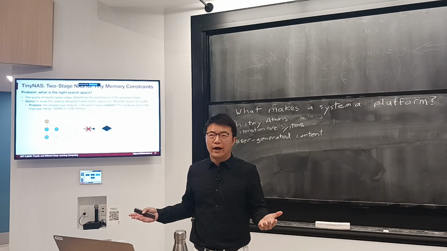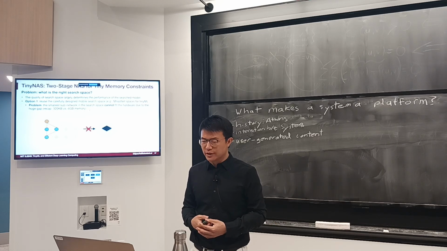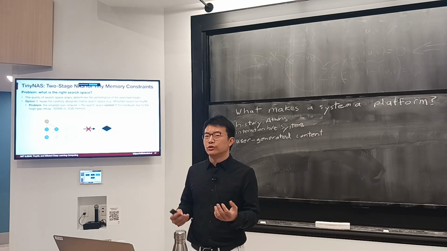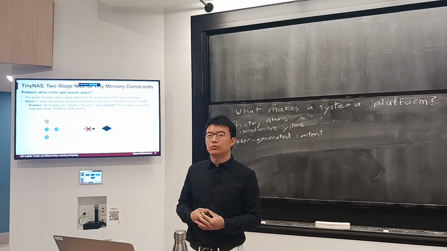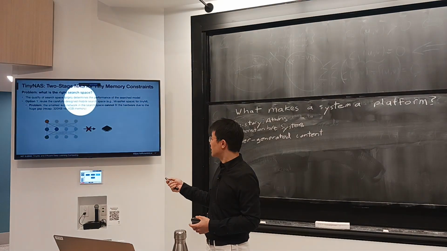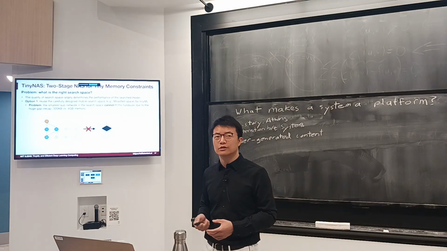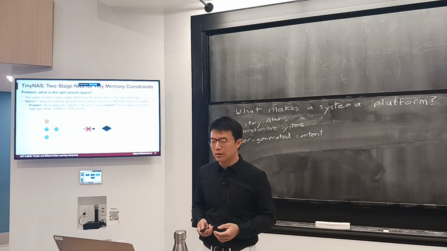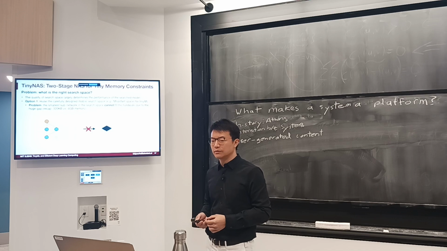So how do we find that search space? One approach is to reuse the prior search space for MobileNet, for example. However, the constraint for mobile devices is quite different from these tiny microcontrollers. They differ by a couple of orders of magnitude.